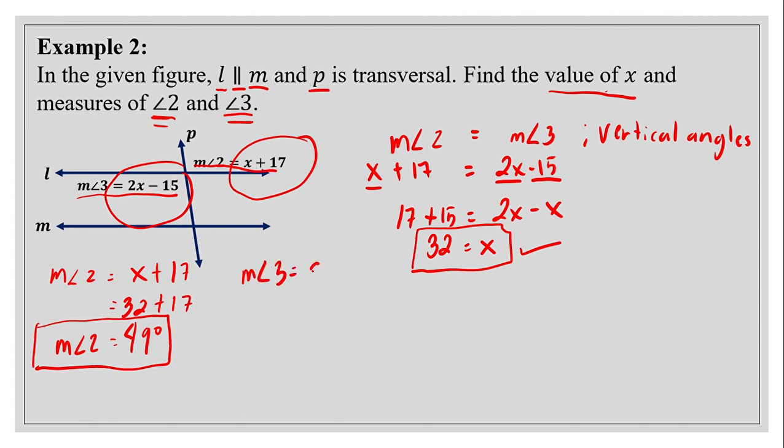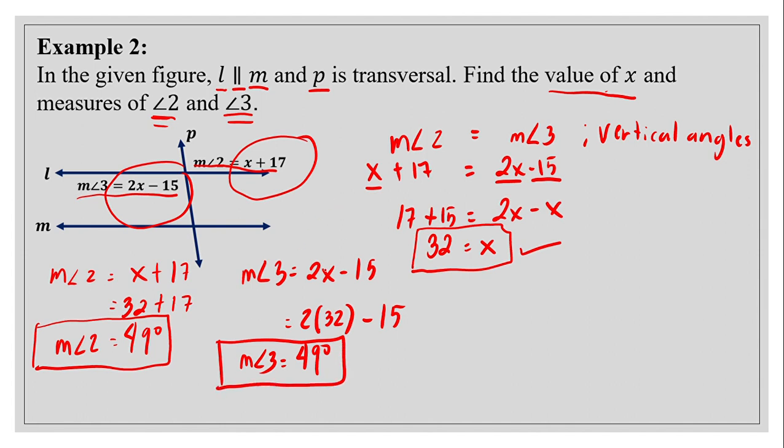Measure of angle 3 is 2x minus 15. So 2 times 32, then minus 15, and that is 49 degrees. So as you can see, they are the same measurement because they are vertical angles, and vertical angles are congruent. Just remember that.